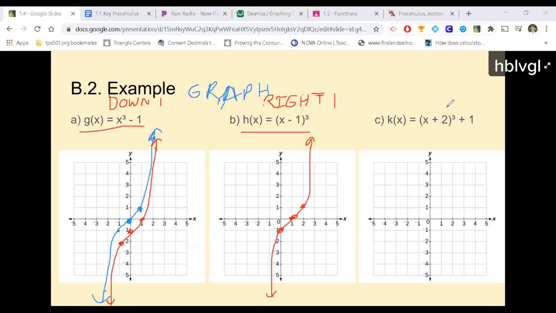Oh my gosh, it's got a 2. Since the +2 is inside the parentheses, it's being cubed as well. That is going to make it go left 2. And then the +1 tacked on at the end, which happens after our function proper, makes it go up 1. So I would go left 2, up 1, left 2, up 1, left 2, up 1.